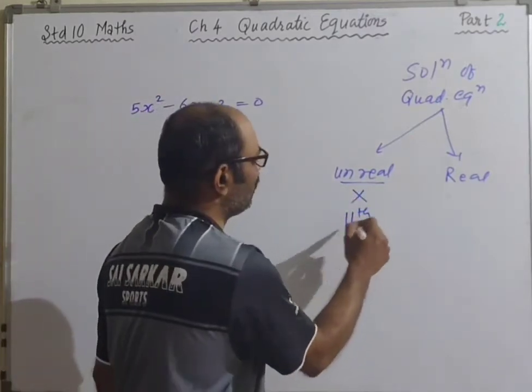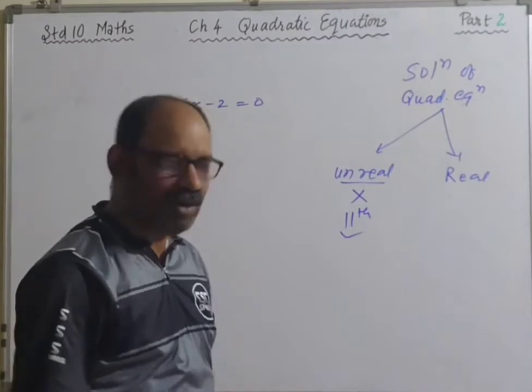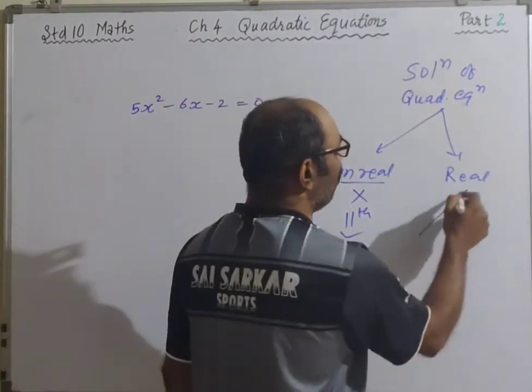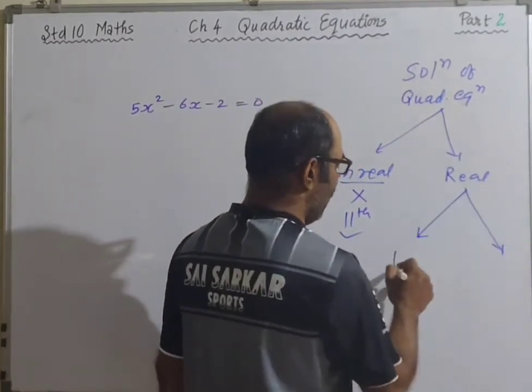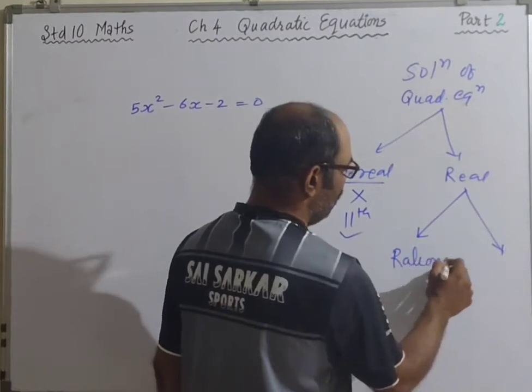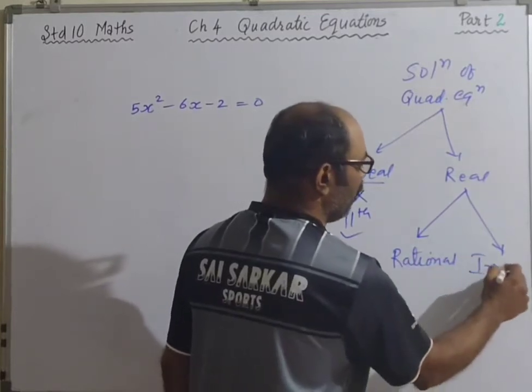In 11th class you will study unreal numbers. All right, but if it is real, there are 2 options: either rational or irrational.